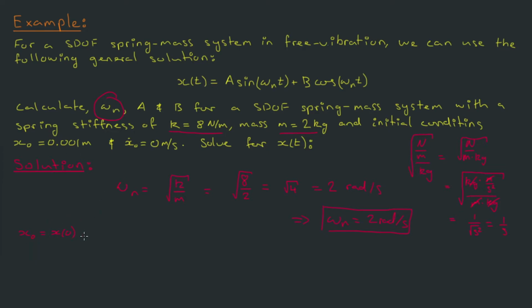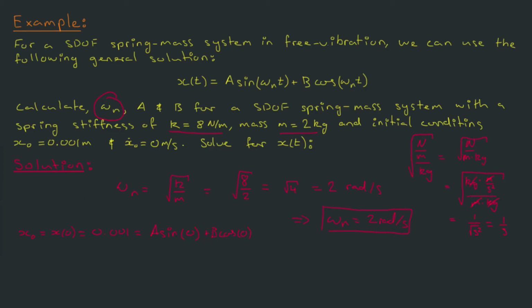So for this example, this is equal to 0.001, which is equal to, we substitute 0 into our general solution and see what we get. So we have A sine, I'm just going to substitute 0 in because 0 times omega n is still 0. We have 0 plus B cosine 0.